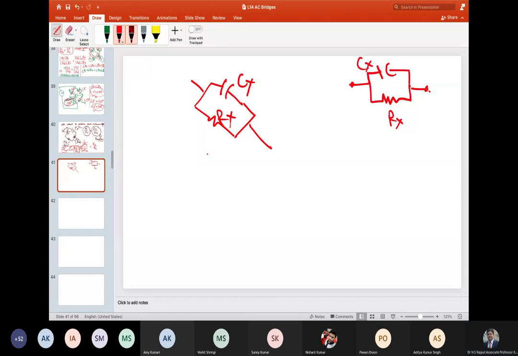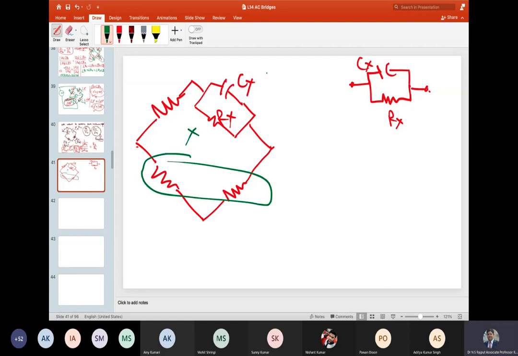So now what to do? If I place resistances across this, once again, this part of the ratio will not match with this part of this, and therefore it will create a difficulty for us.